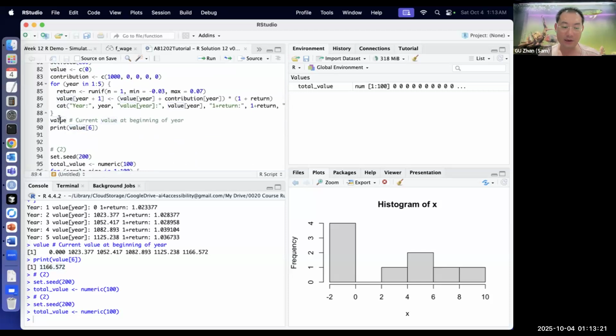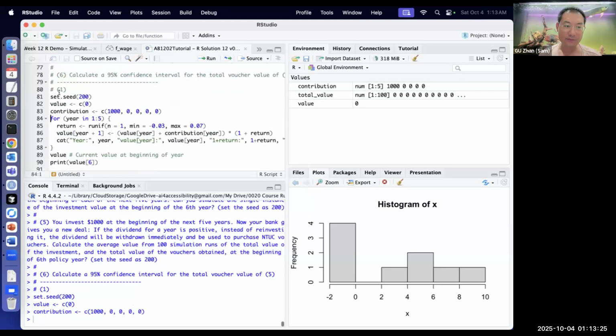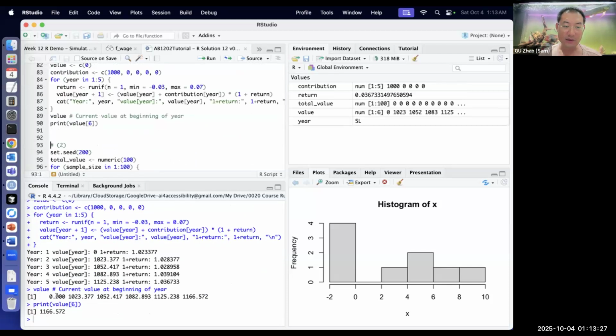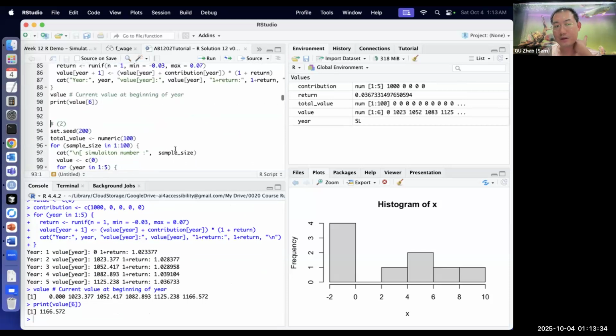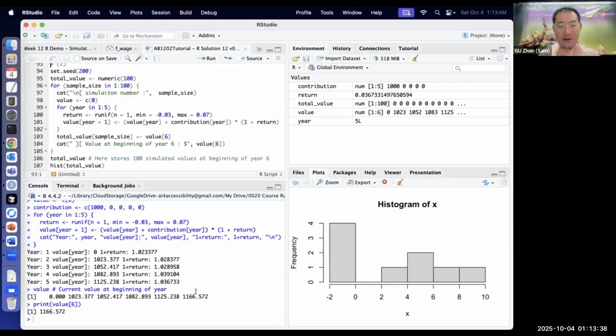In fact, the entire value is the 6 years investment value. So now you get the 6 value of it, then save it into the total value sample size.